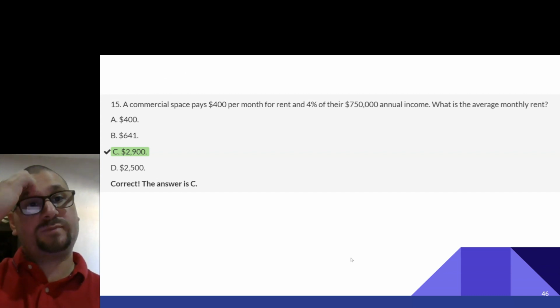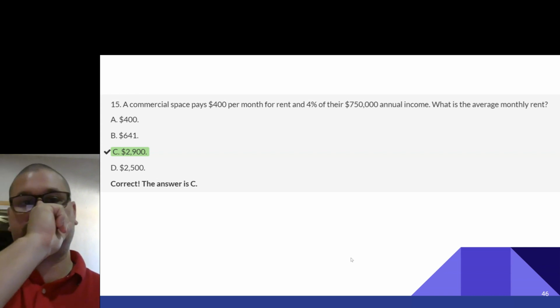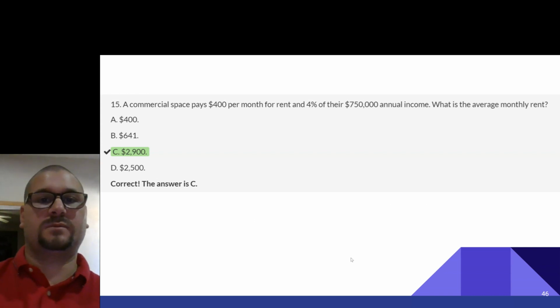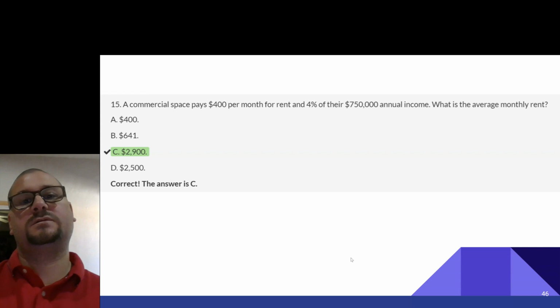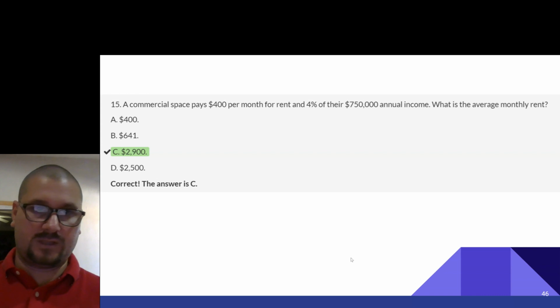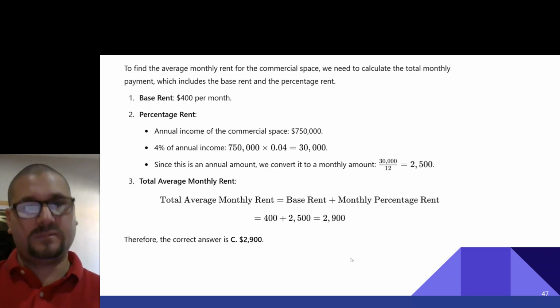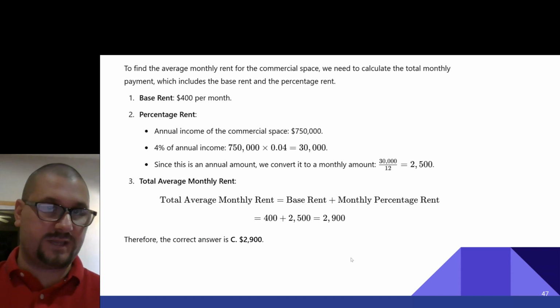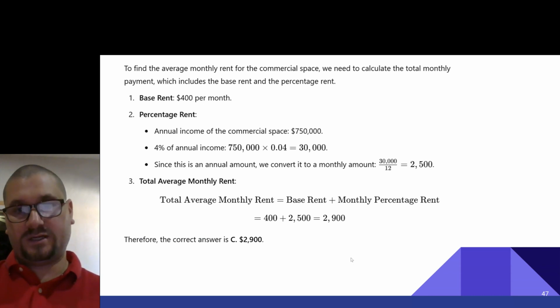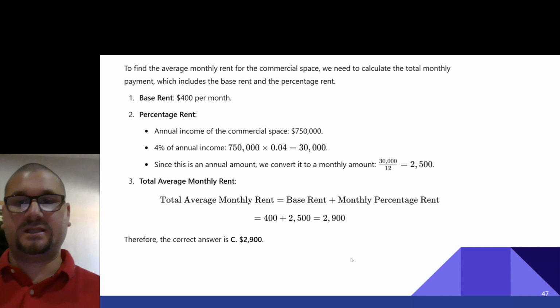A commercial space pays $400 per month for rent and 4% of their $750,000 annual income. What is the average monthly rent? So the total average monthly rent is the base rent. They gave you the base rent, $400, plus the monthly percentage rent.